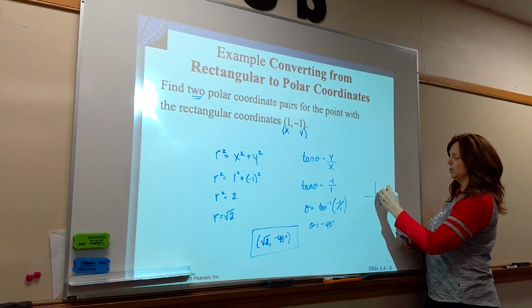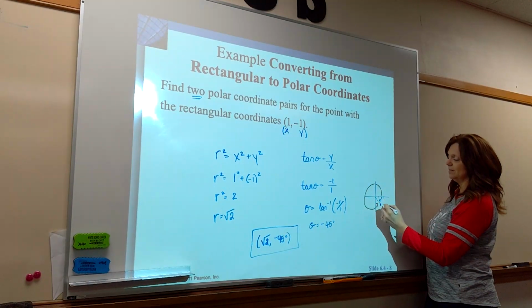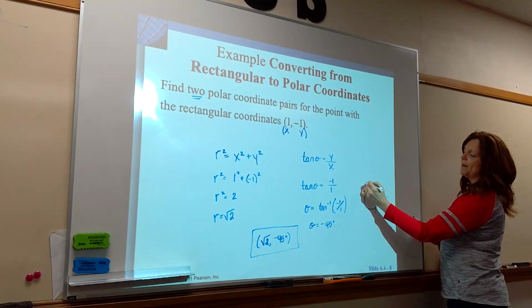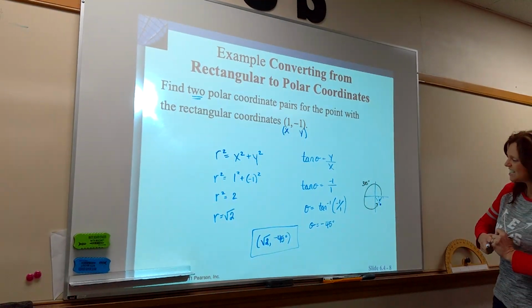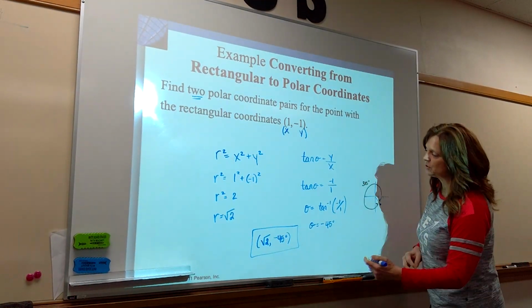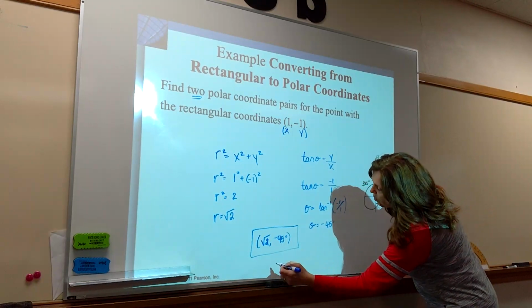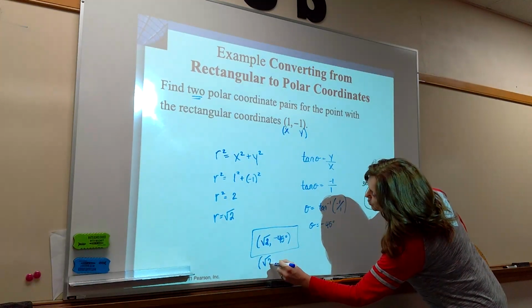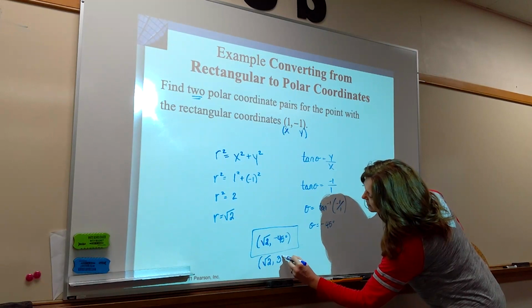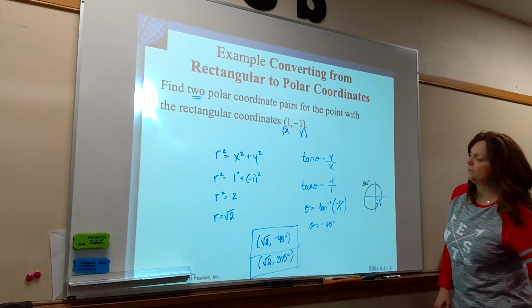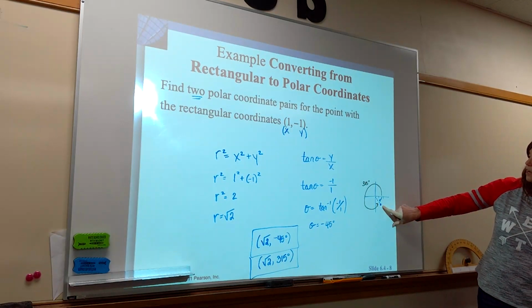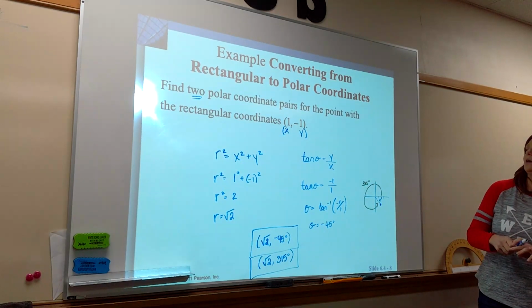That positive direction would be 315 degrees, right? So this gives us the second possible answer: same radius, square root 2, but instead of rotating negatively, I'm going to rotate positively, and that gives you the same location, just getting there in a different way.